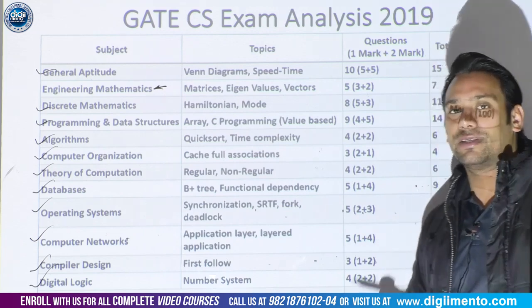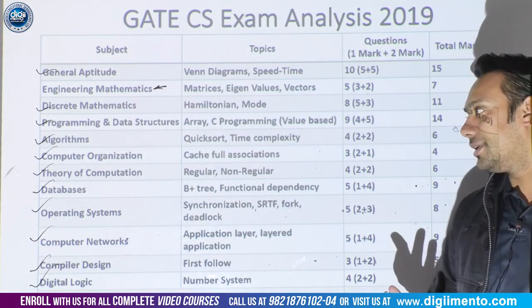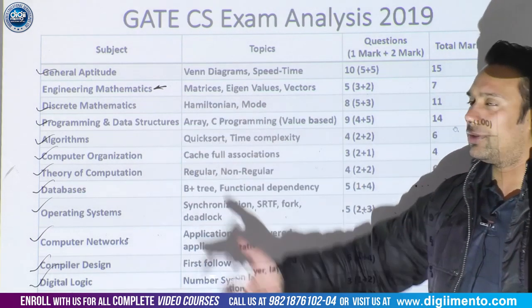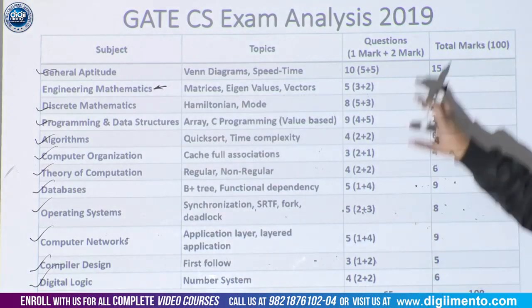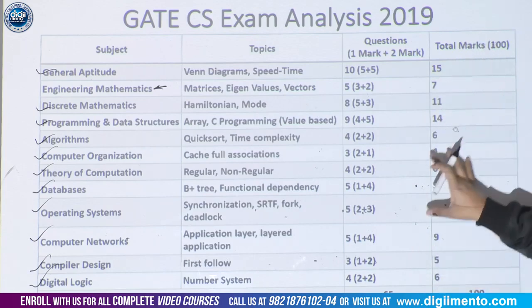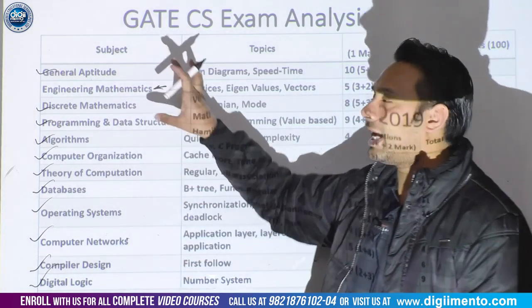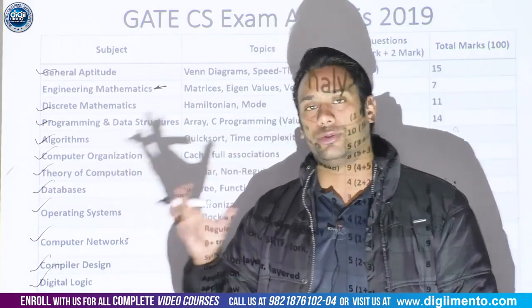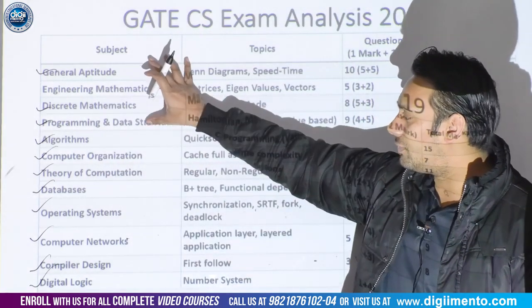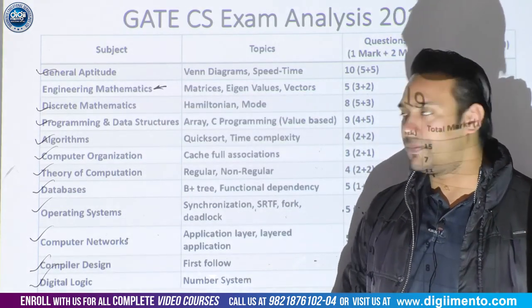Engineering mathematics is not directly asked in UGC-NET. Discrete mathematics they directly asked. If you look at the entire syllabus which is present in GATE, those topics are also asked in UGC-NET. So we are going to cover all these topics here.